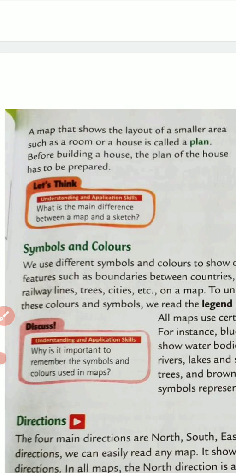So when we construct our house and then we make a plan, because they are the layouts of smaller areas, they are called plans. Before building a house, the plan of the house has to be prepared.